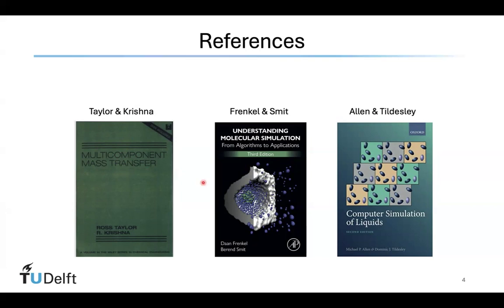The algorithms to calculate the correlations and diffusion coefficients are primarily found in Frenkel and Smit and also in Allen and Tildesley. Other references pertaining to specific topics will be mentioned along the way.